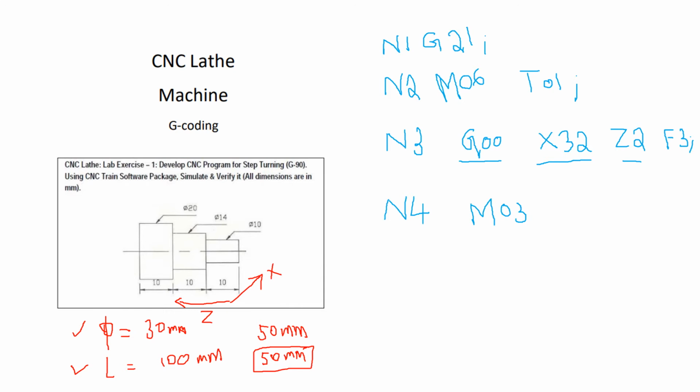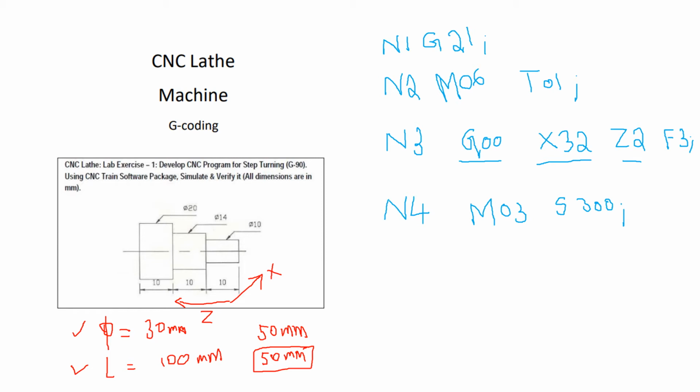You have also seen this when we were doing the conventional lathe machine. So M03, and I will also specify my spindle speed as 300. By this, you have called the spindle to operate and specified the spindle speed.